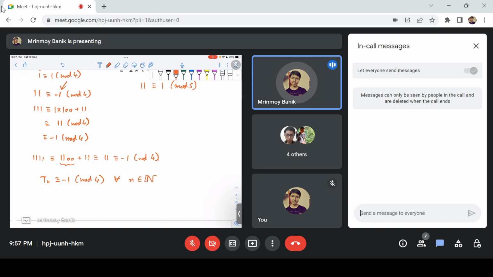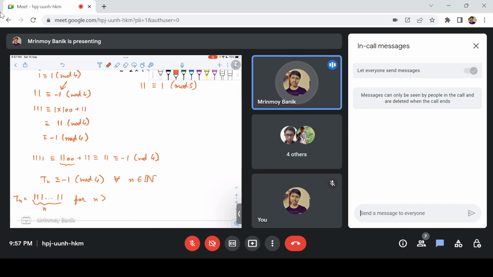And that would be excellent since that would imply none of them is a perfect square. So let's see why this is true. It's pretty simple. You have n ones. You don't even need to use induction. Just say for n, Tn is this thing.